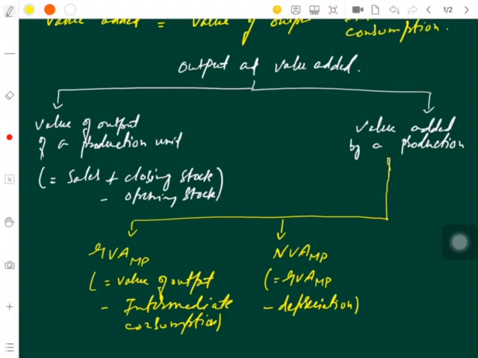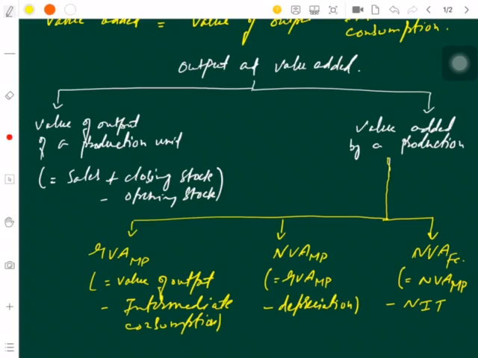Depreciation is also called consumption of fixed capital. And the next thing is net value added at factor cost. Now you can also convert net value added at market price into net value added at factor cost, which is equal to net value added at market price, which we just talked about, minus net indirect taxes.